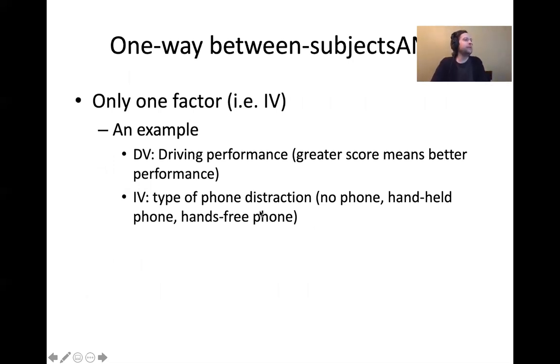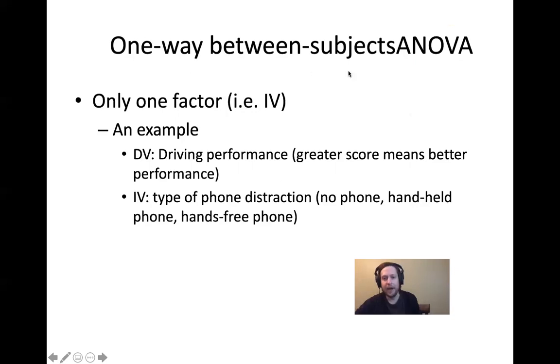So we're going to go with the current example, where the dependent variable is driving performance through an obstacle course. The better you drive through the obstacle course, the higher your score. The factor, or the IV, in this case is type of phone distraction: no phone, handheld phone, hands-free phone. This would be an example of a one-way ANOVA.